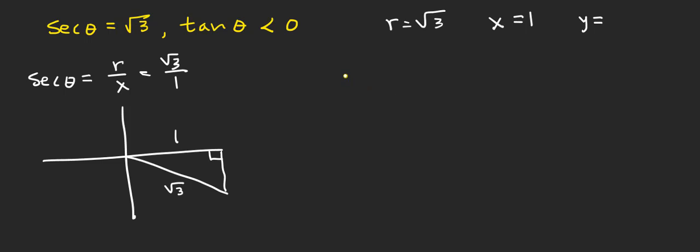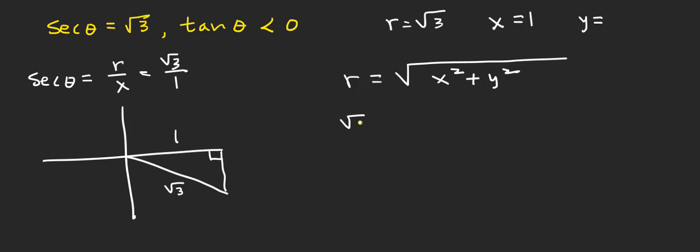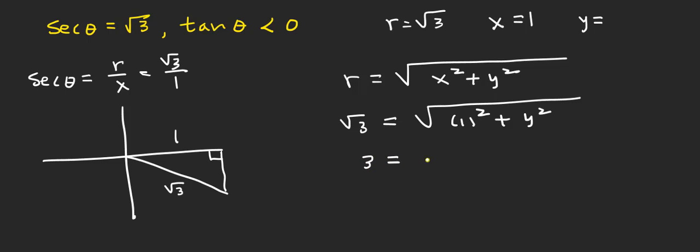We know that r is the square root of x squared plus y squared. So r, which is radical 3, is equal to the square root of 1 squared plus y squared, and we need to find the value of y. So let's square both sides. Then you are going to get rid of the radical. 3 equals 1 plus y squared.